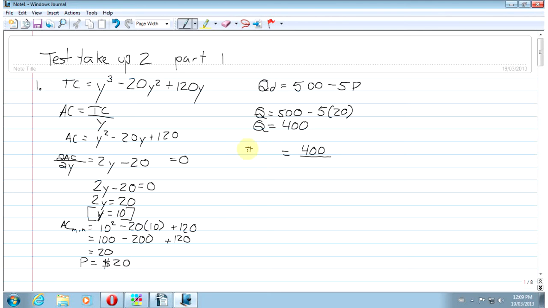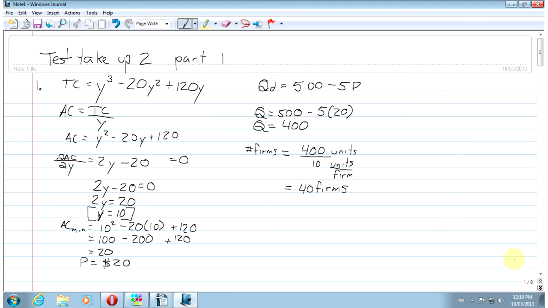Number of firms is 400 units demanded divided by 10 units per firm. Units over units per firm is just firms if you're doing the unit analysis. 400 divided by 10 is 40. And that's how we solve question 1.